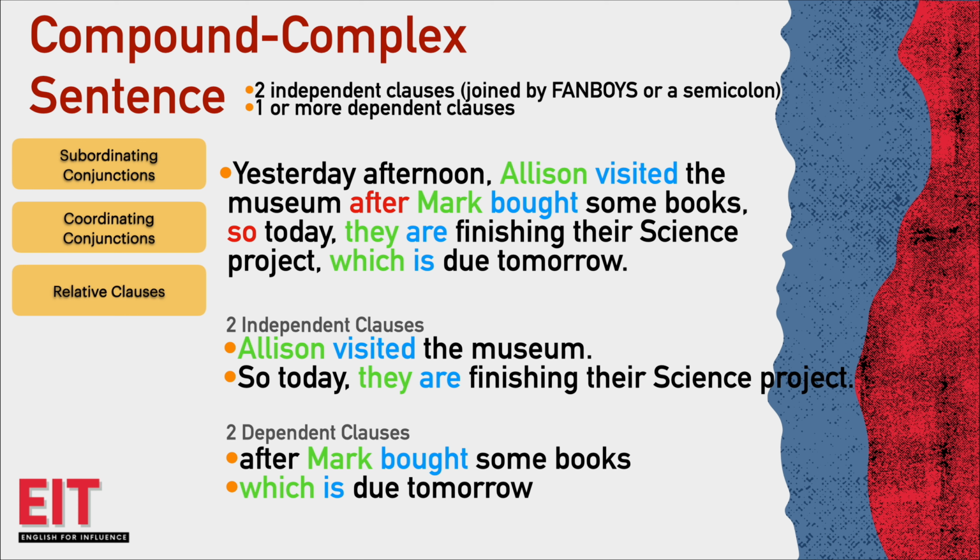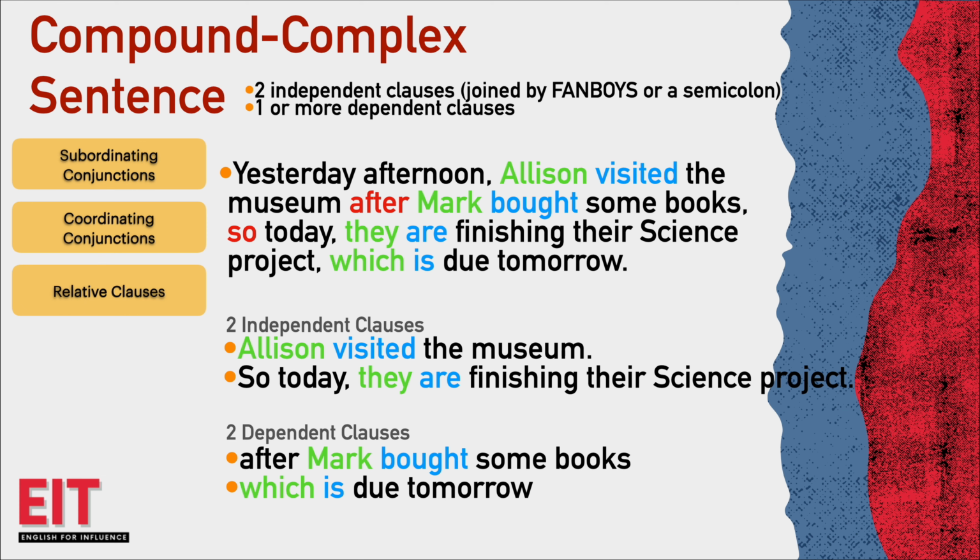However, did you notice that we only have two independent clauses? Now, if you look at other grammar books, they're going to tell you that a compound complex sentence has two or more independent clauses. So why am I writing just two? Because I think it's safer for English language learners like you to stick to two independent clauses.